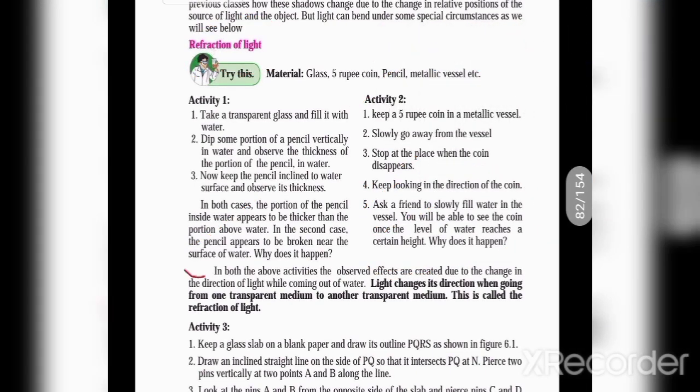The medium changes inside that vessel. In both the above activities, activity first and activity second, the observed effects are created due to the change in the direction of light coming out of water.